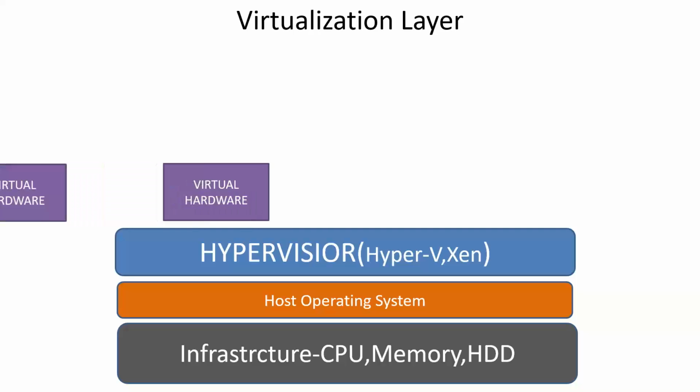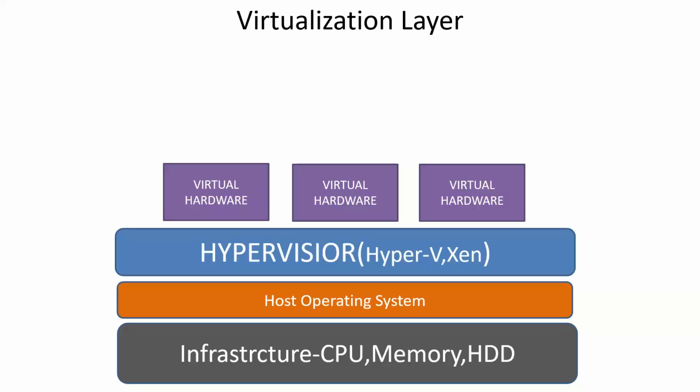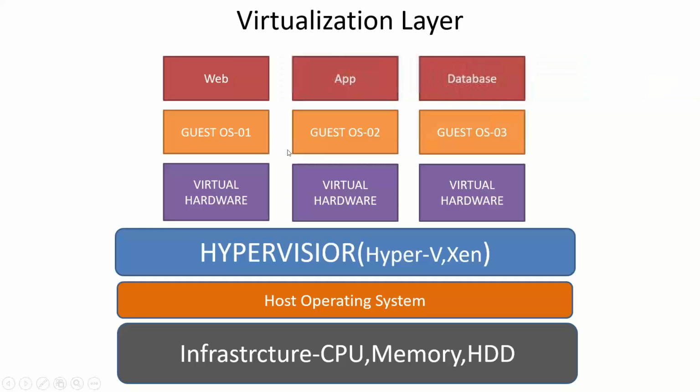The hypervisor gives us the ability to have virtual hardware units provisioned, and these virtual hardware units were then running the operating system of my own choice along with the kind of applications that I want to run. So this was the setup that we have done yesterday.